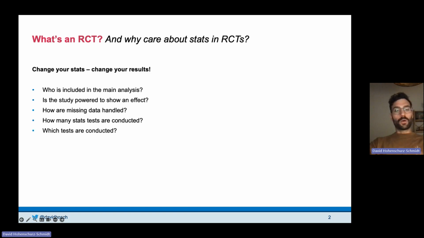And then there are obviously different statistical tests. You will probably remember some of that from your undergraduate training. That often depends on the type of data. Maybe you remember the distinction between categorical data, so data that comes in categories like male, female, non-binary, if you like, or continuous data, for example, pain ratings on a scale.